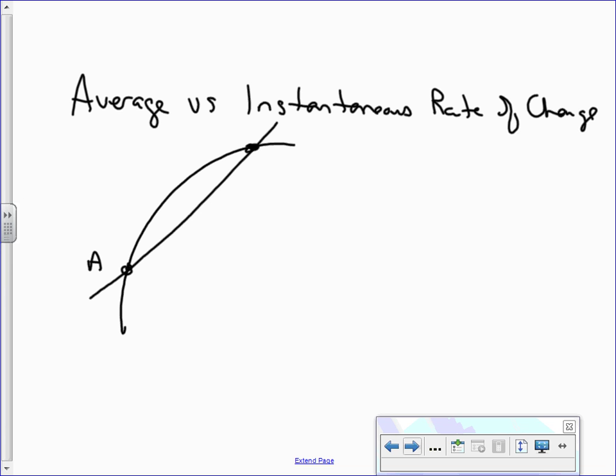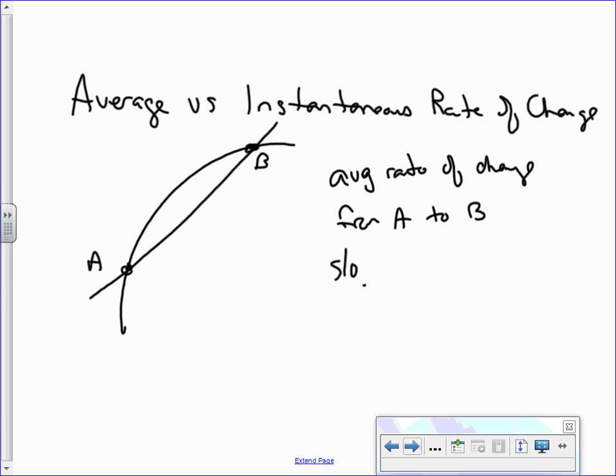I'm going to name this point A and this point B. I want to talk about the average rate of change. On average, how is this curve changing? The average rate of change is the slope of the secant line.